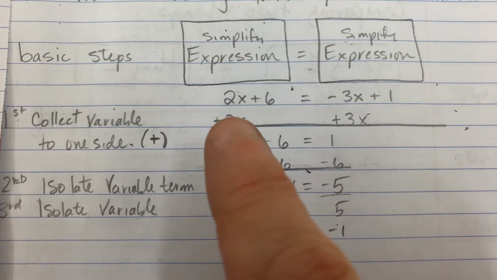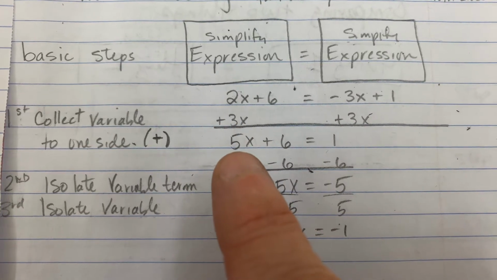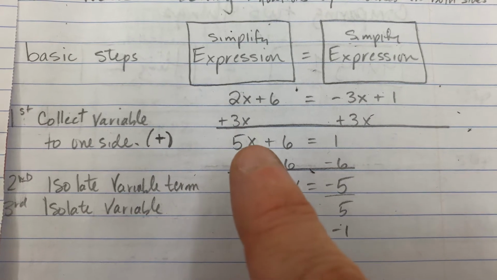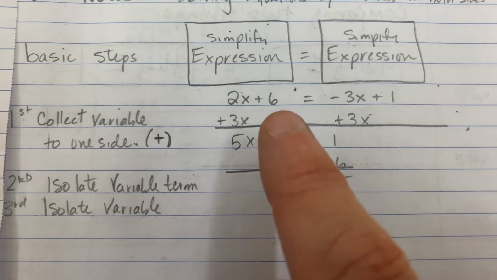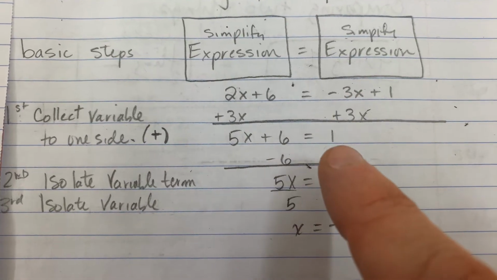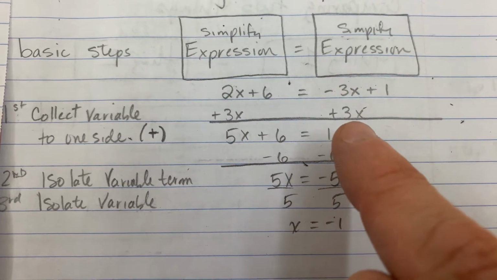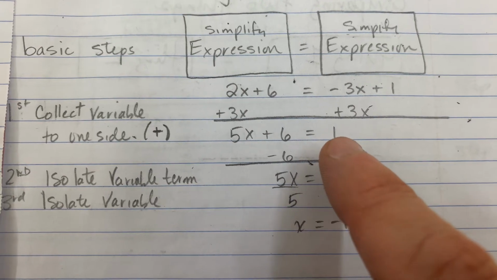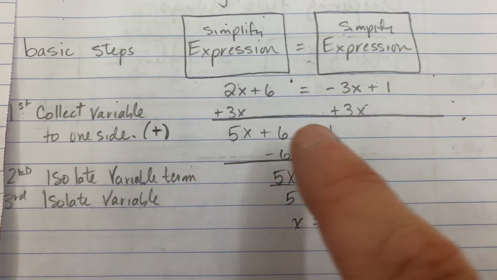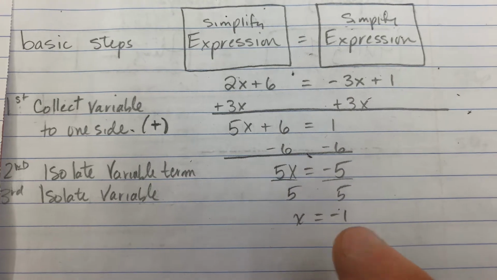If I add 3x to the left expression, I wind up with positive 5x. Everything else in the expressions falls down, right? Additive inverses cancel, and I have that 1. Now this just looks like a two-step equation, and you know what to do from there.